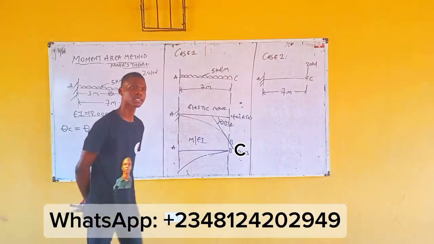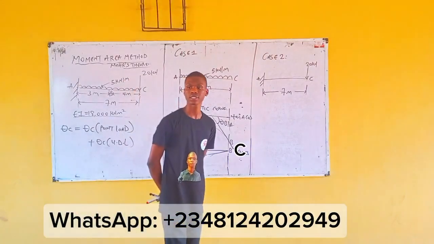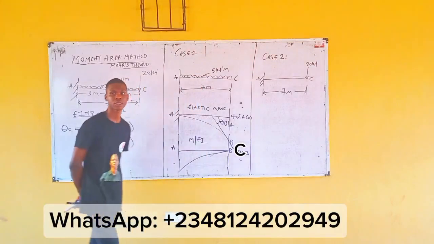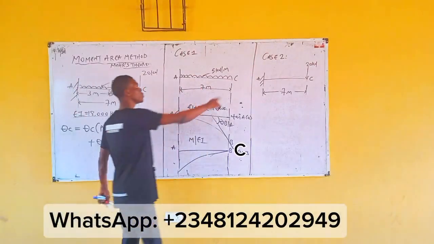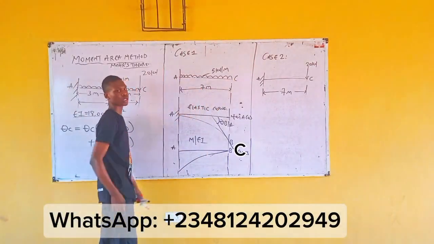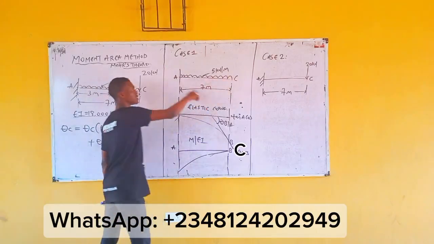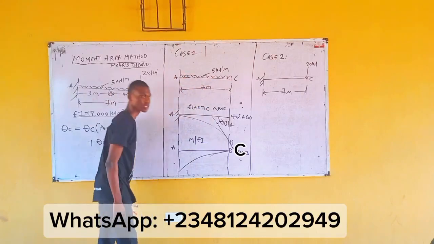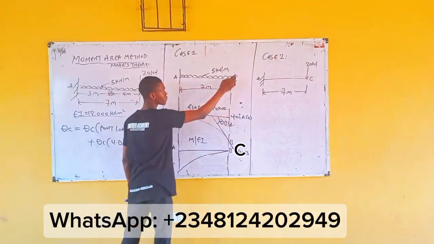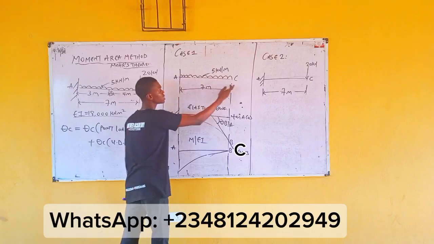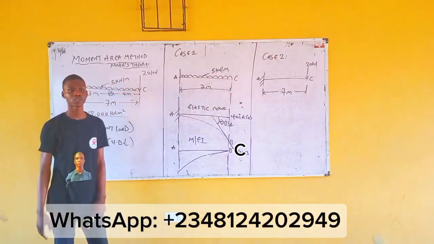What's the distance? 7 divided by 2, 3.5, taking the moment from C back to A. You're supposed to have known this by now.